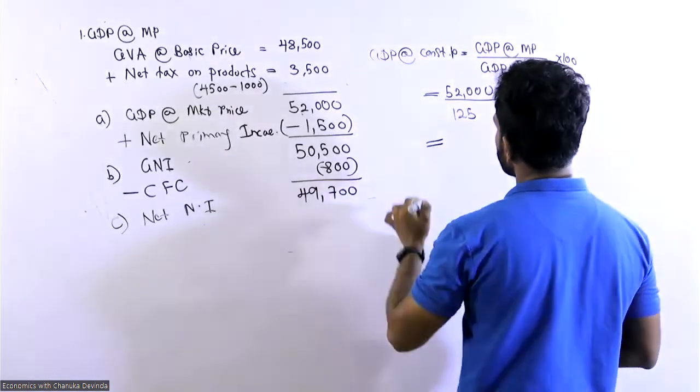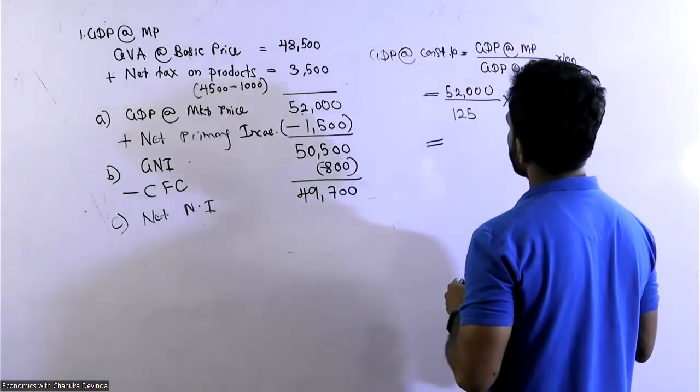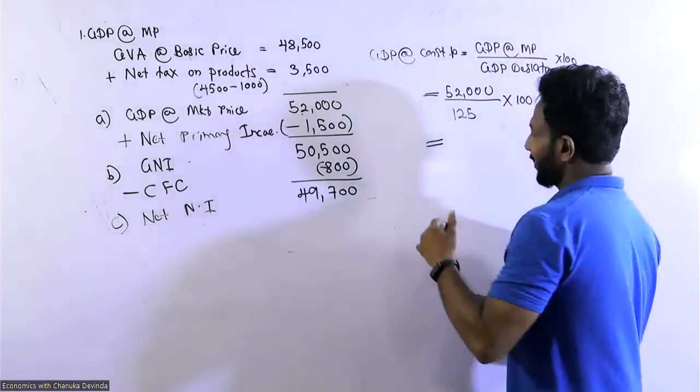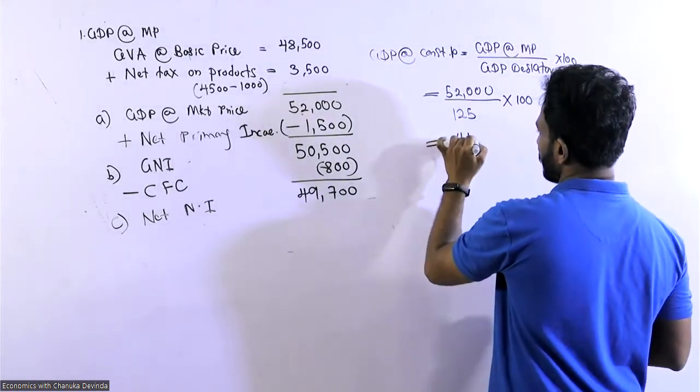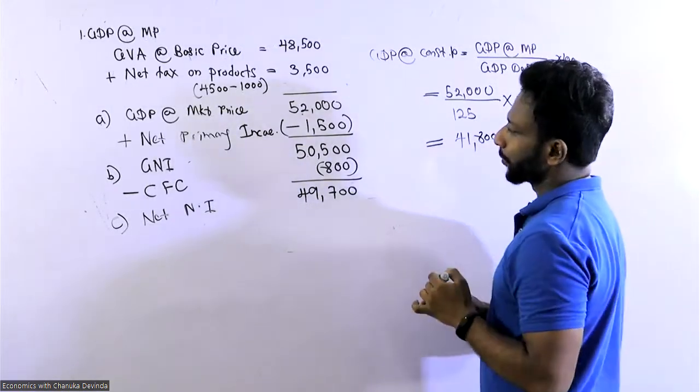So the value would be how much? 52,000 divided by 125 times 100 equals 41,600. Is it rupees or million?